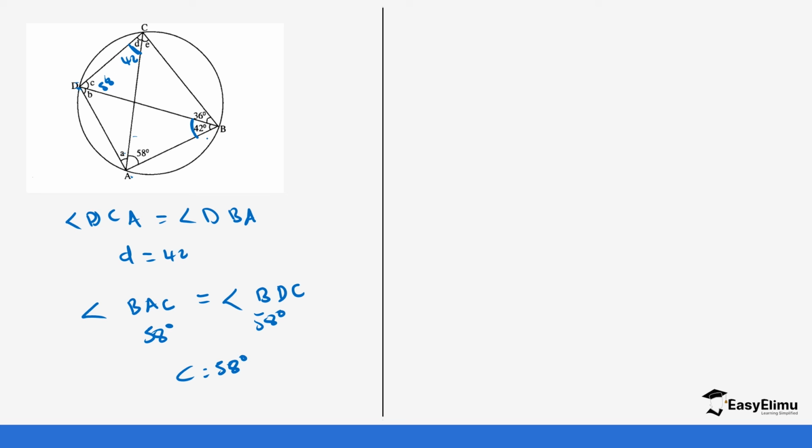All right. We also have angle DBC. You see this chord DC, we have this angle DBC, which is going to be equal to angle DAC.